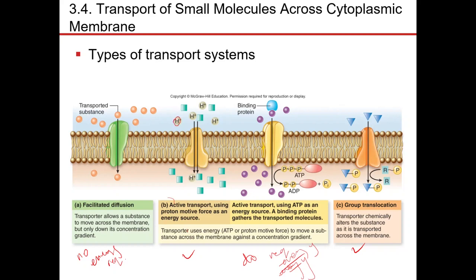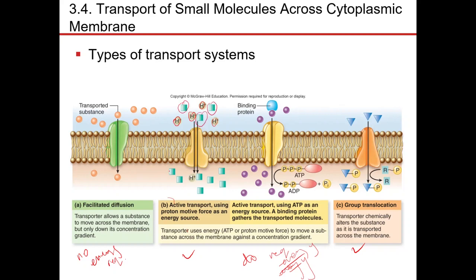So, hydrogen ions, right? They're coming back into the cell. Remember, I told you in proton motive force, first the hydrogen ions are pumped out of the cell so that the concentration increases outside. And then when these hydrogen ions start flowing back into the cell, they produce energy. And this energy is then used to bring in other molecules.